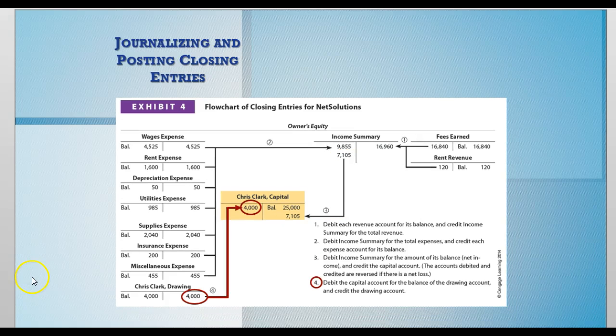It's a surprise. Then we're going to look at the drawing account, and we're going to credit it and debit the capital account, which is going to deduct from that. So that should give us the balance that we need for the capital account that showed up on the balance sheet.